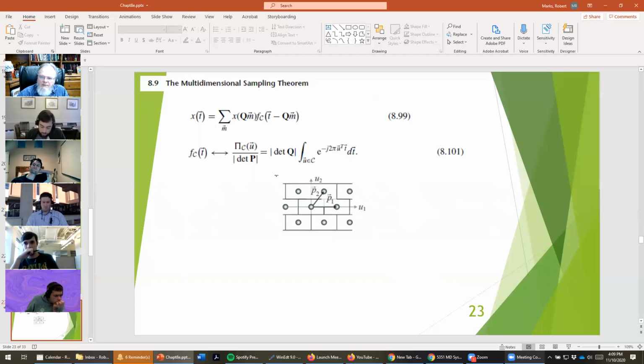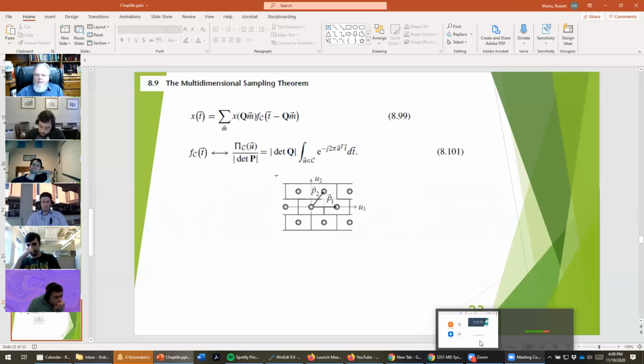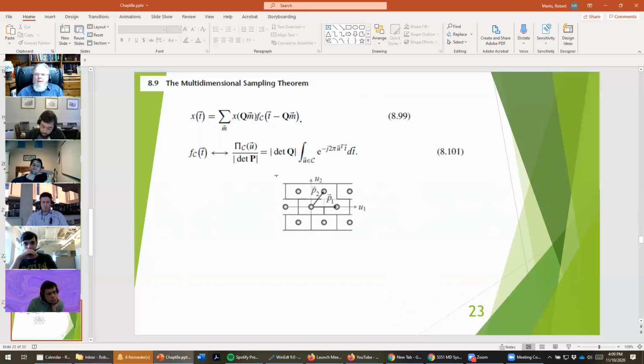Now here is the sampling theorem, and let me tell you what this is. x of t is equal to the samples, x of Q m, times f sub c. Now this is the interpolation function.